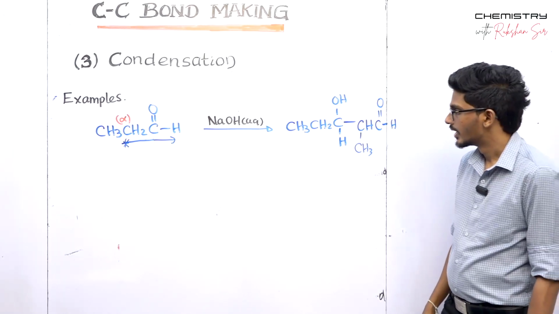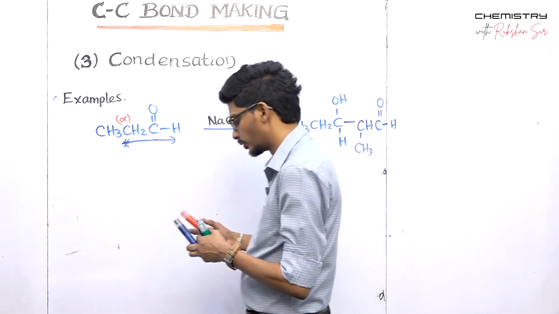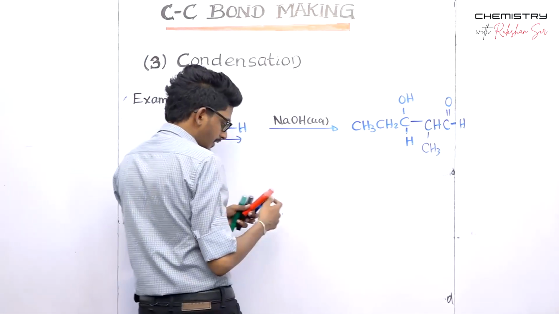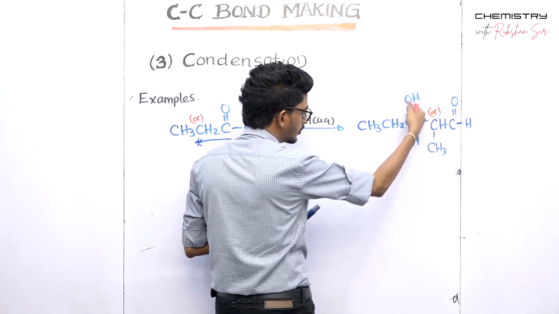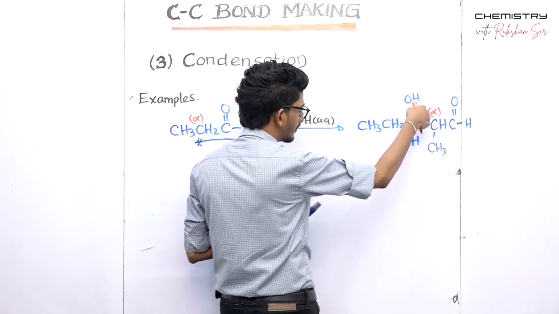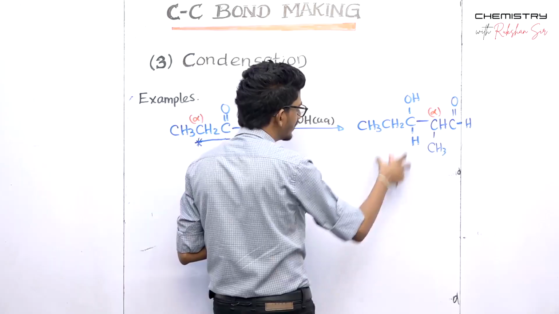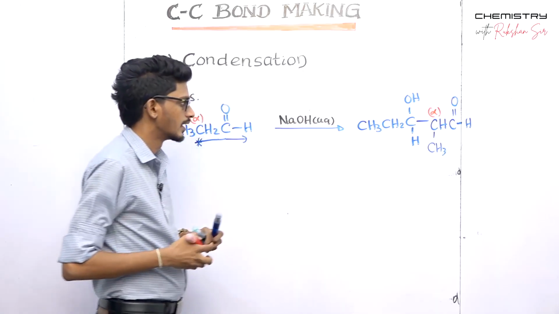Again, you can clearly see this is your alpha carbon. At the beta carbon, you have the OH. So it's again a beta-hydroxy carbonyl compound.